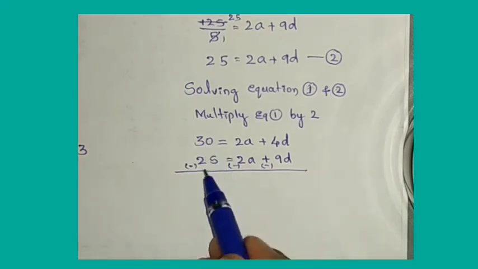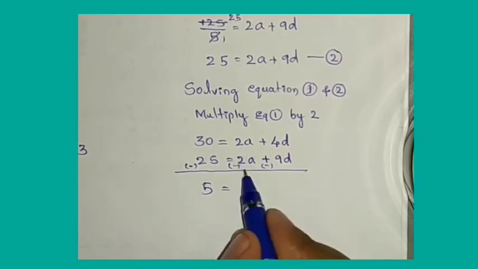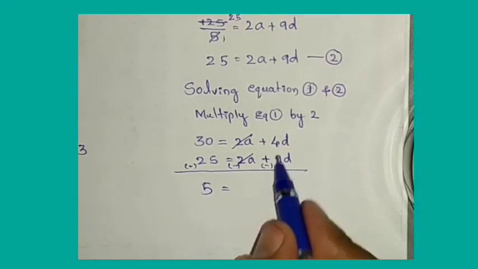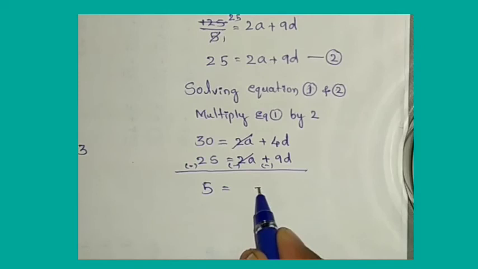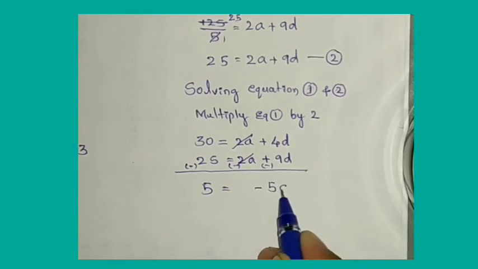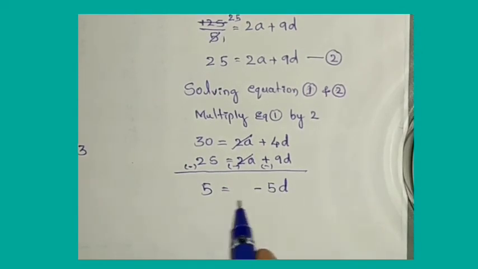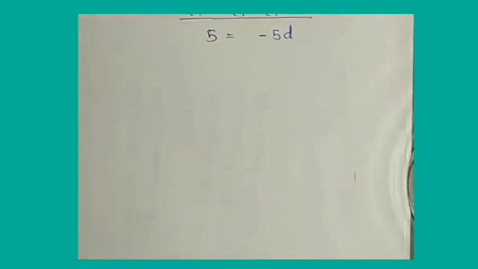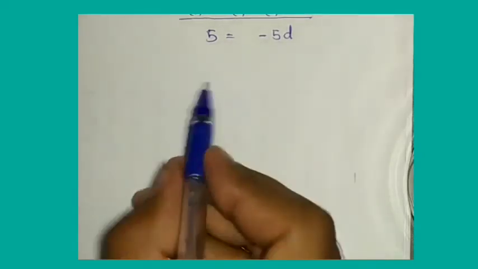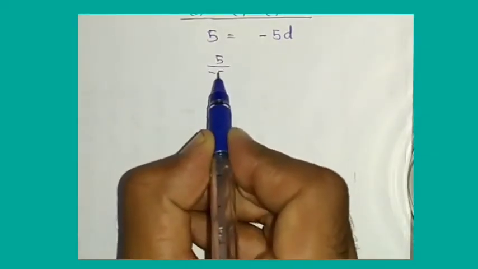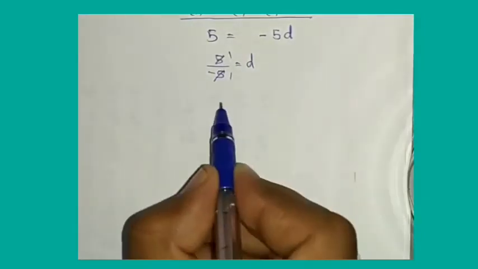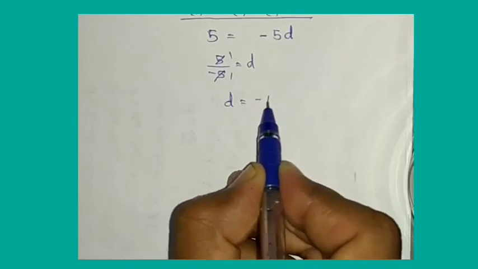Now 30 minus 25 becomes 5. 2a minus 2a becomes 0, so no need to write it here. 4d minus 9d gives minus 5d. So now we got 5 equal to minus 5d. I'll take this minus 5 to the left side, it becomes 5 by minus 5 equal to d. 5 ones are 5, 5 ones are 5, and here minus is there, so we get d equal to minus 1.